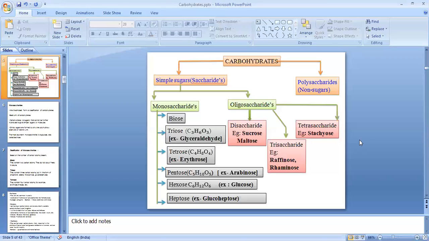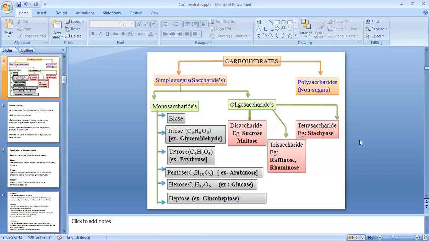Further, the simple sugars are classified into monosaccharides and oligosaccharides. In oligosaccharides, you have examples of disaccharides, trisaccharides and tetrasaccharides. The monosaccharides are further classified into 6 different types based on the number of carbon atoms they contain. That we will see in detail in the coming slides.